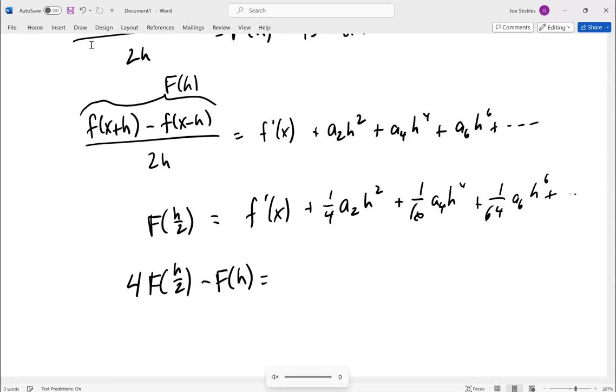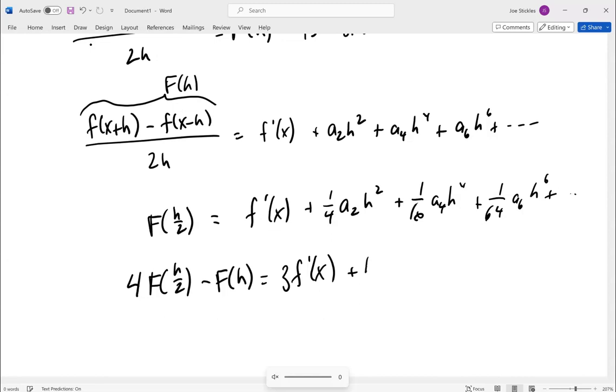This is what? 4 times that minus that will give me 3 f prime of x. We agree with that? 4 times that minus 1 of those is 3 of them. These go away. 4 times, these are just constants, okay, so I'm just going to write them as constants.